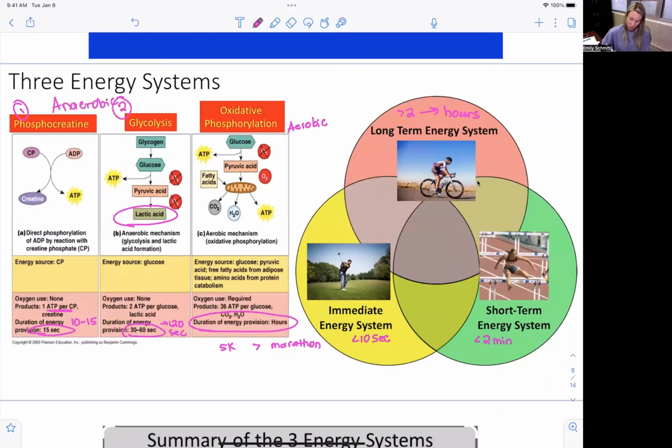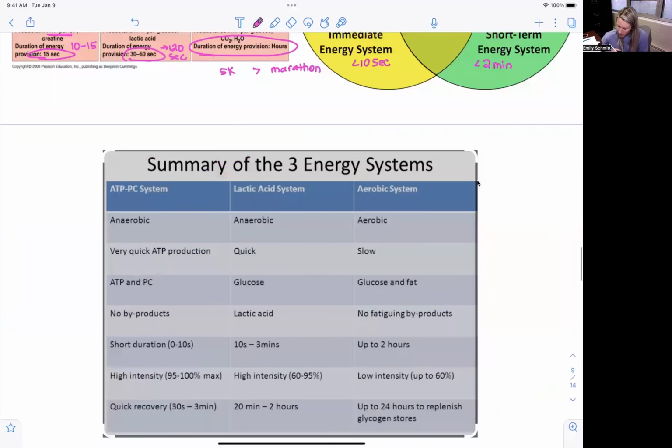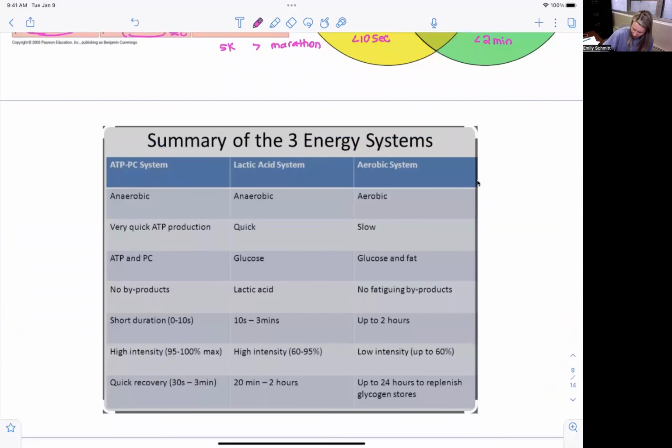And then we have our third, which is not anaerobic, it's aerobic, meaning our long-term energy system lasting for hours. So even though we're really focusing on the anaerobic system, the aerobic system sneaks in there just to help connect these dots and to help you understand both.